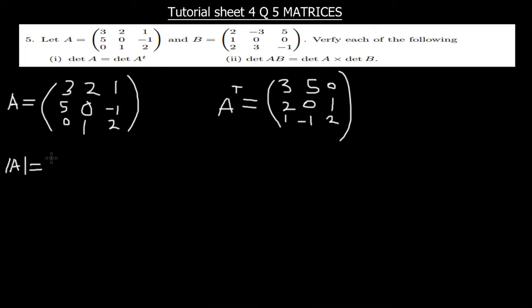We said you get this 3, you multiply it by its minor. So when you get this 3, the minor of this 3, I'm going to cross out that and that. So the minor will be 0, negative 1, 2, and 1.